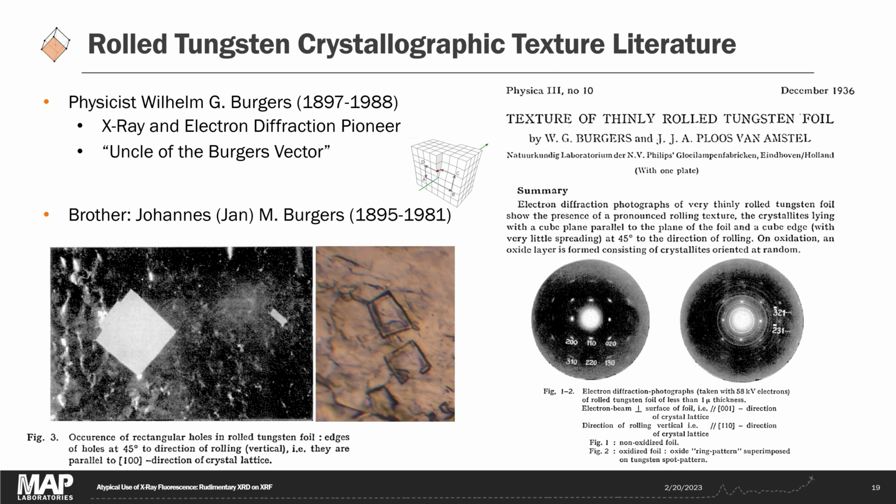It's always nice to go back and review the literature and confirm that what you're seeing is consistent with what's observed in literature. In this case, the earliest publication I could find was from 1936 from Wilhelm Burgers. He was looking at thin unidirectionally rolled tungsten sheets and saw the same type of behavior. Cubic-shaped crystal grains aligned with their diagonals in the rolling direction.